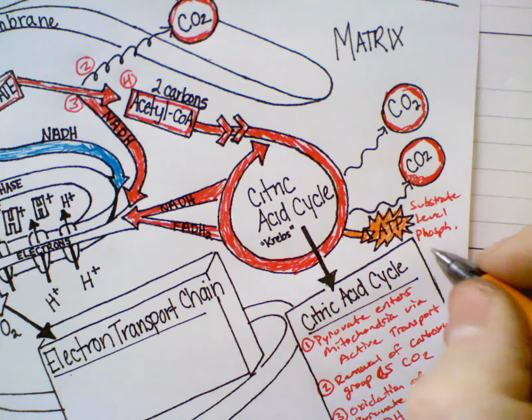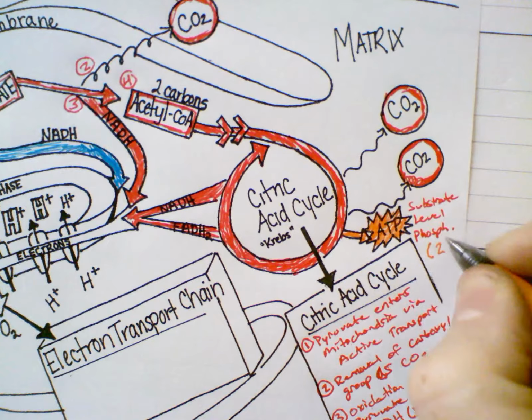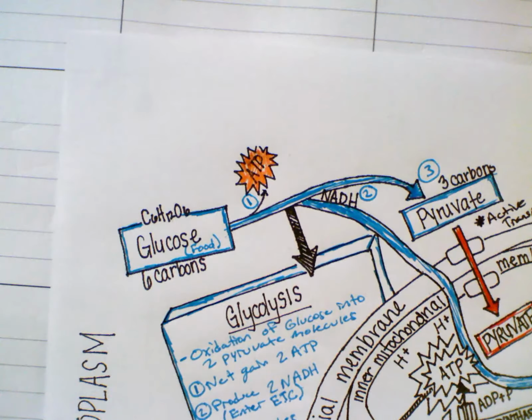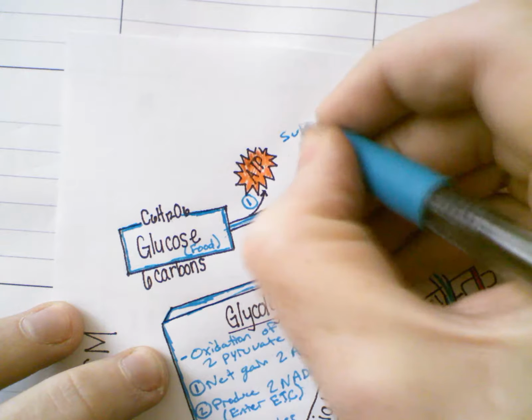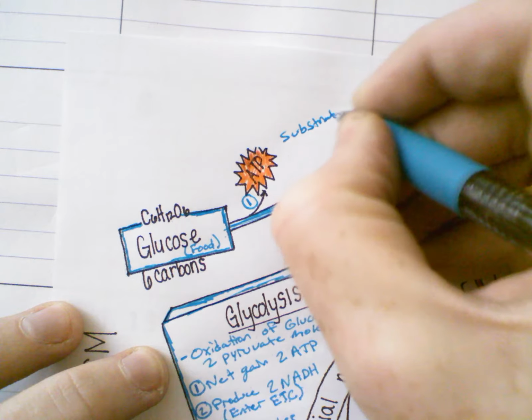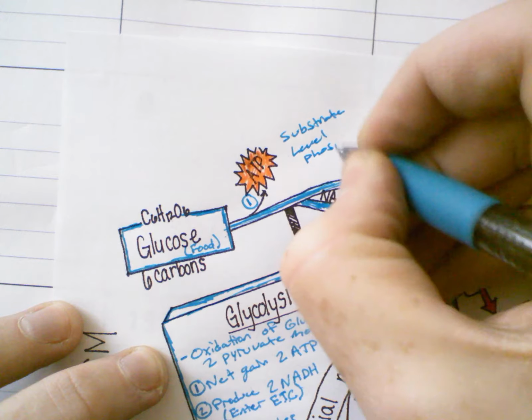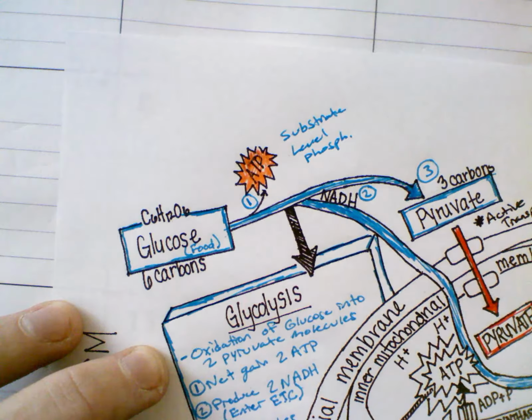We get 2 of them. And I forgot to put that back here on glycolysis. Glycolysis here is also from substrate level phosphorylation. And we get 2 more here.